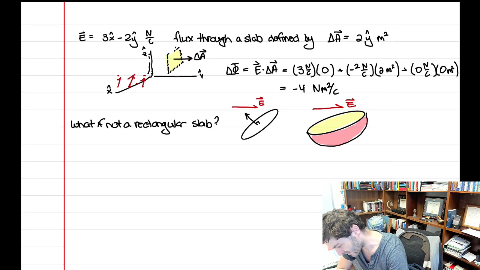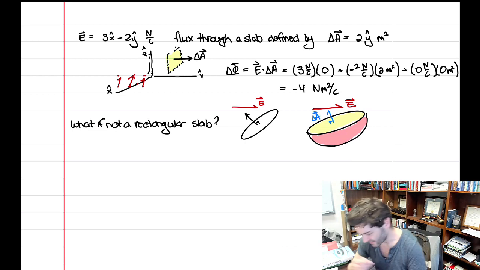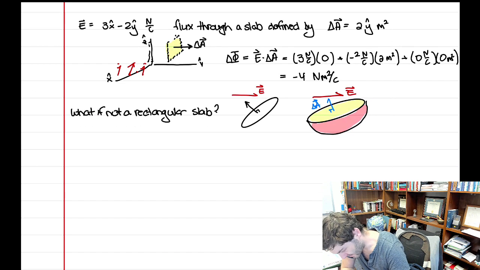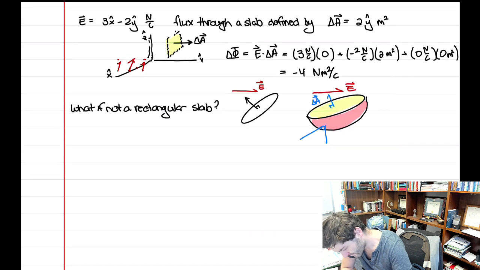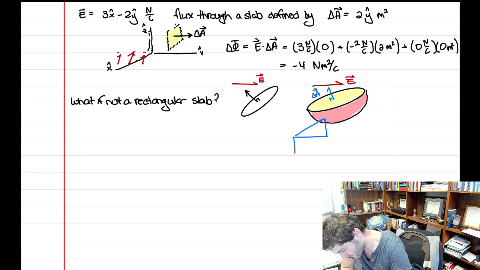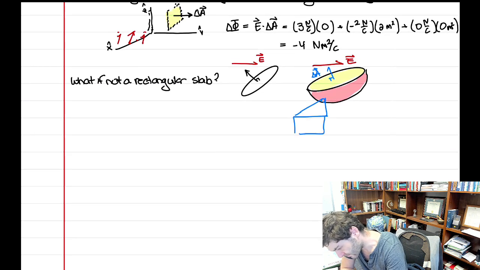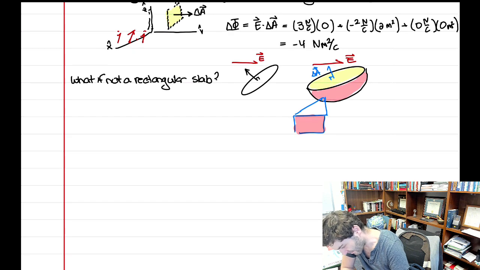For this bowl, I could define for the top part some sort of delta A vector that's perpendicular. I'll stick with using delta A, even though it's not a rectangle. But then for the bottom of the bowl, you can imagine zooming in to see a part of the bowl where the area vector might be pointing in that direction.